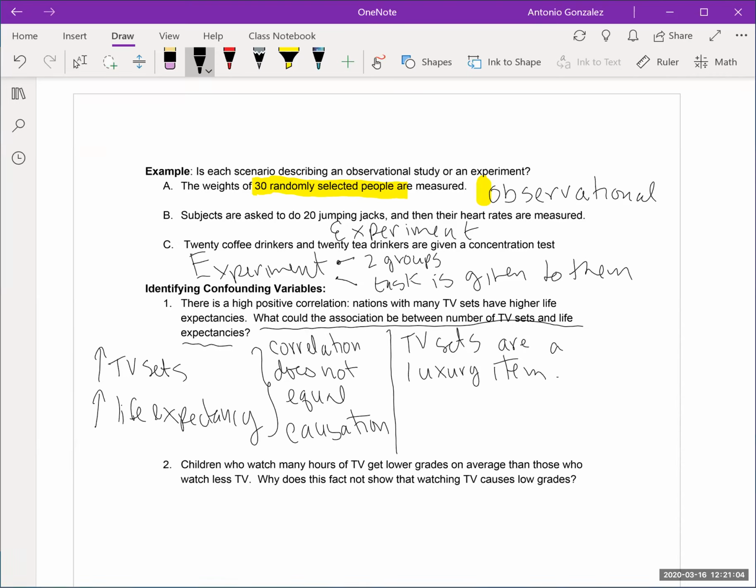So if the more of the population has a TV set, then that leads more towards the society that they live in. It might be more well off, right? So a luxury item, so if more people have a TV set, then maybe the society they live in has better healthcare, for instance, or better quality of life.